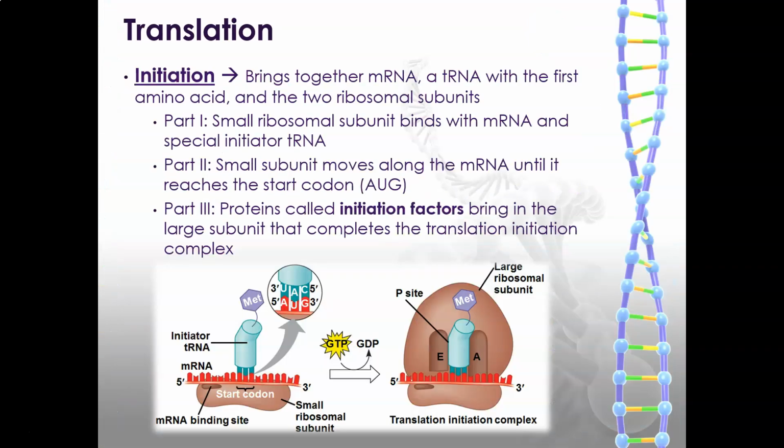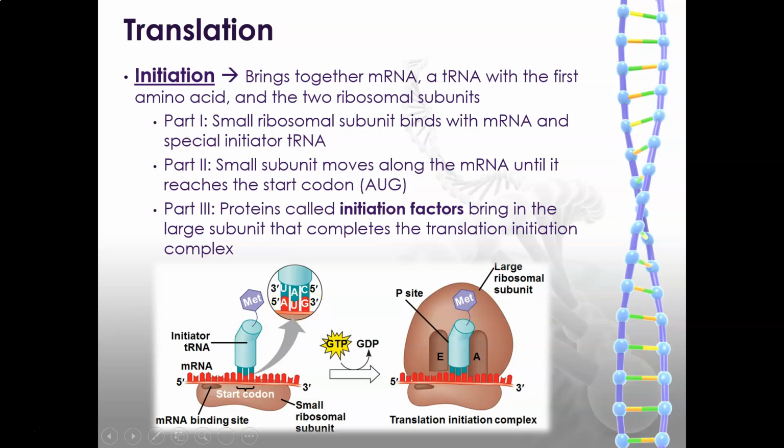Okay, so initiation is going to happen in that A site initially, and we're going to build this ribosomal sandwich. So I need to bring together the messenger RNA and that initial tRNA with the first amino acid, which, by the way, will always be methionine and will always be that AUG sequence on my messenger RNA.